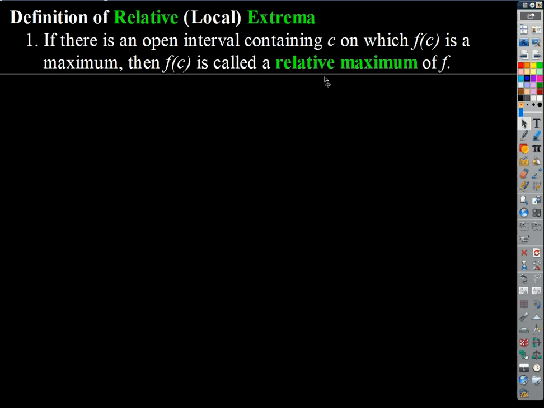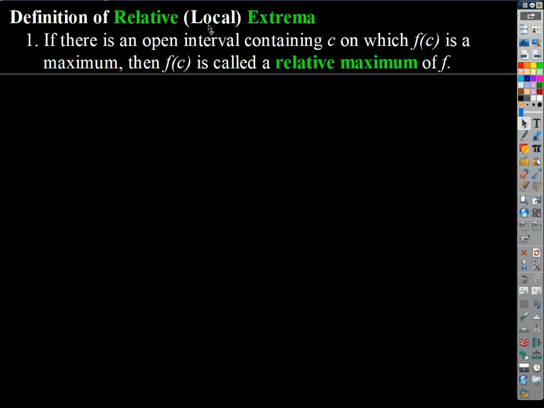Does that mean it has to be the highest point anywhere on the function? No. It just means that there's some open interval on this function containing c where it's the highest place on that interval, locally speaking. There could be other places where it's much, much higher, but on that interval containing c, it's the highest.